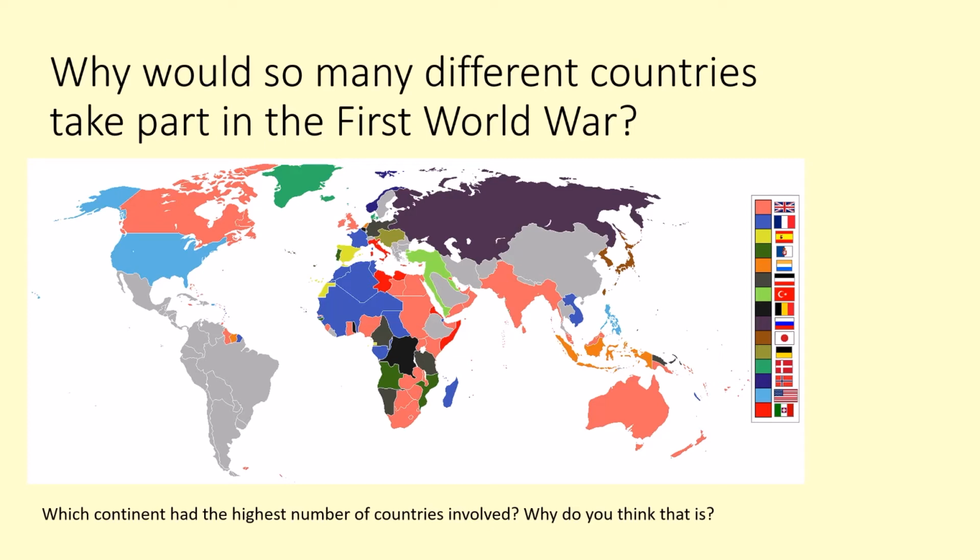So, which continent, Africa, Asia, Europe, North and South America, Australasia, had the most involved, and why do you think that is? Think about what we've looked at in the past. We've mentioned different events briefly, see if you can remember. So pause the video there, have a go at those two questions, use the map for reference, especially for the second question at the bottom. When you're ready to move on, press play.